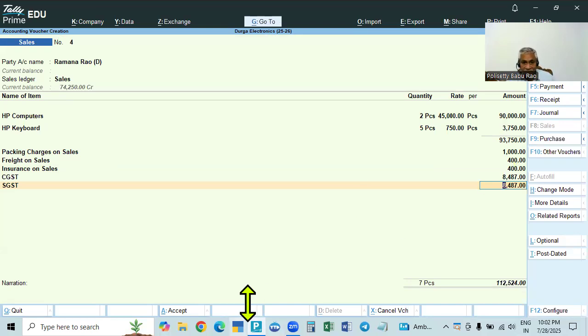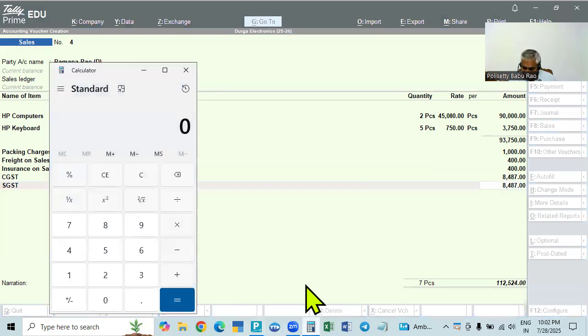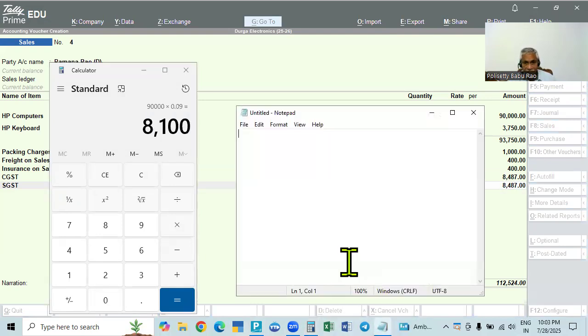You see here, 90,000 at 18% means 9% CGST, 8,100. So 8,100 for the first one. For the second one, 3,750, the keyboard is 12%, which means 6% CGST, that is 225.